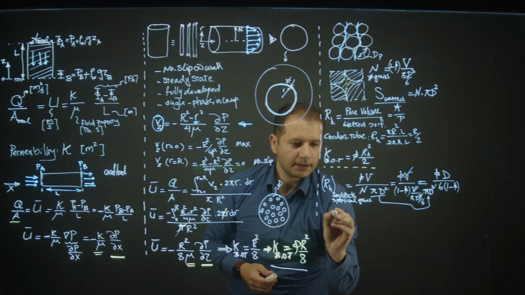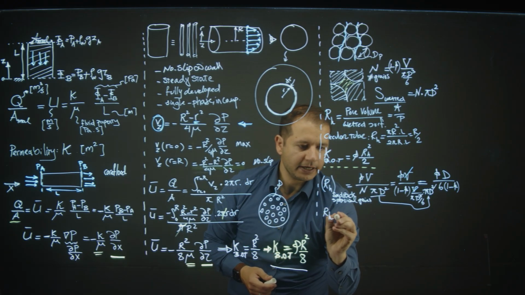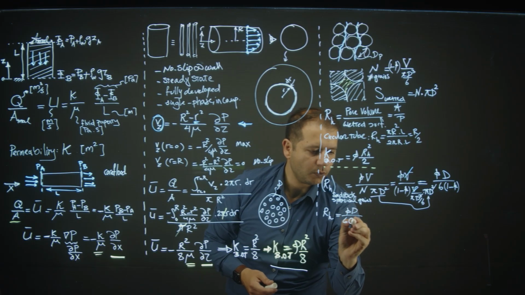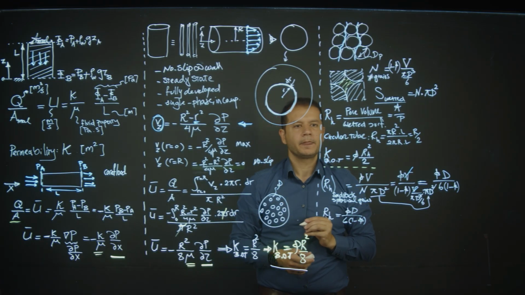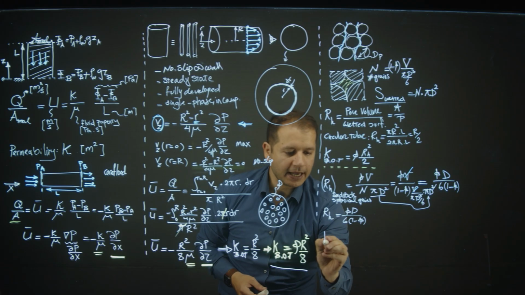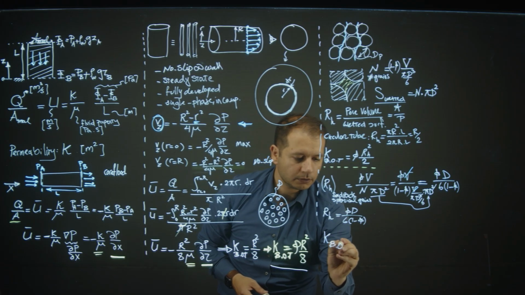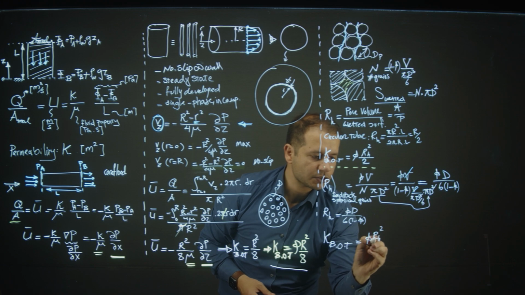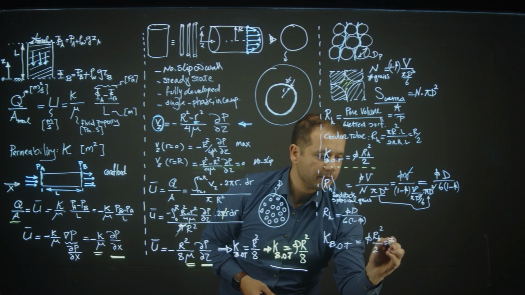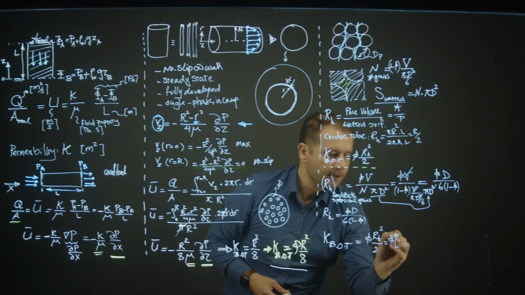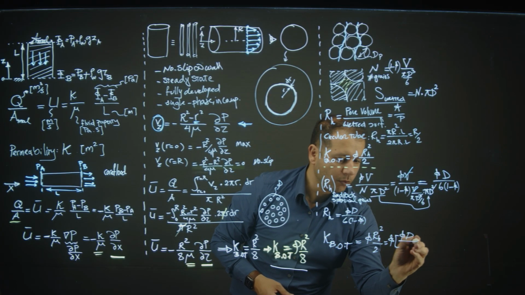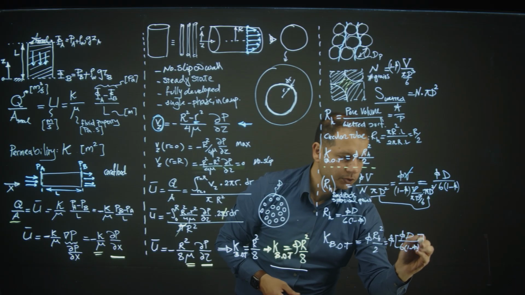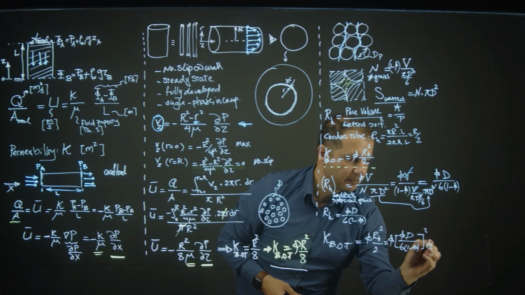To write it clean, hydraulic radius will be phi d over 6 times (1 minus phi). And now if I put it in K of bundle of tube, it is porosity times hydraulic radius squared over 2. It will be porosity multiplied by (phi d over 6 times (1 minus porosity)) to the power 2, divided by 2.